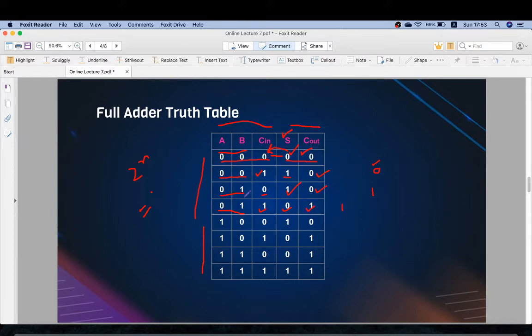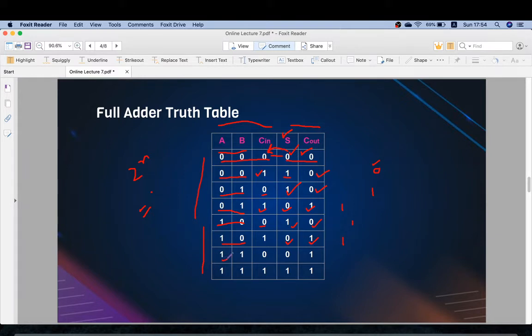If you don't understand this logic, in the last half adder lecture there was a table given. You can see that it's simple mathematical arithmetic logic. So 1 plus 0 is 1, and 1 plus 0 is 1, but the carry is 0. 1 plus 0 is 1, and 1 plus 1 is 0 with the carry 1.